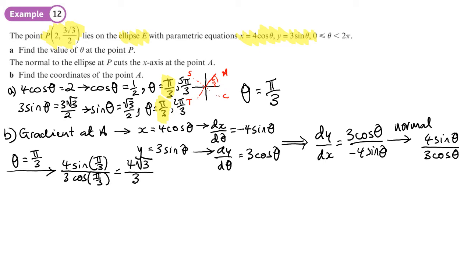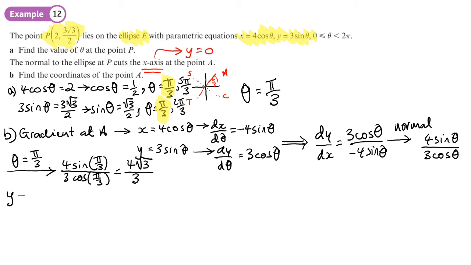So now I can use y minus y1 equals m times x minus x1, because I want to find the equation of the line. And then once I've found the equation of the line, if I want to find where it crosses the x-axis, that means I'm going to make y equal to 0, but I need the equation of the line first.